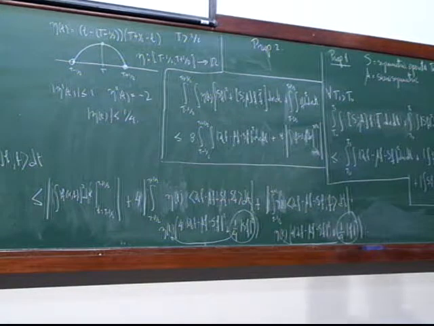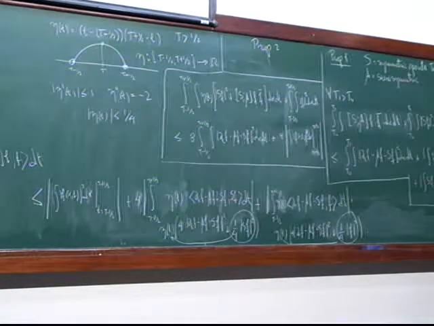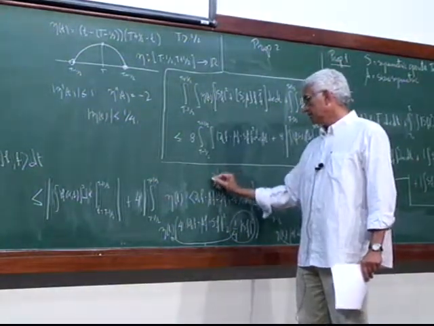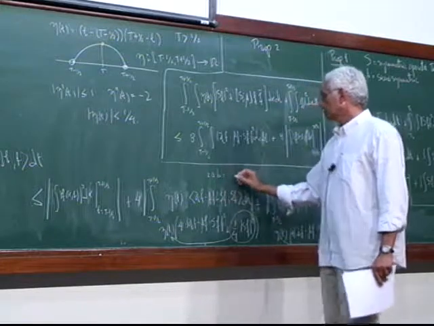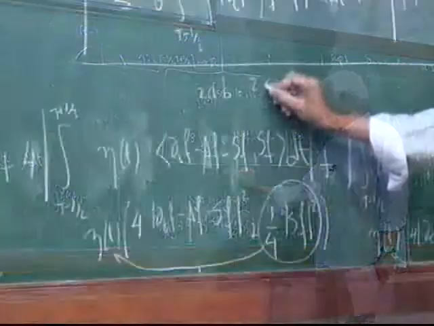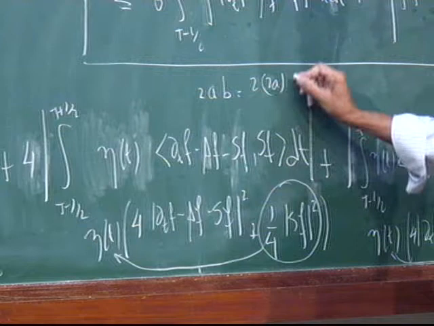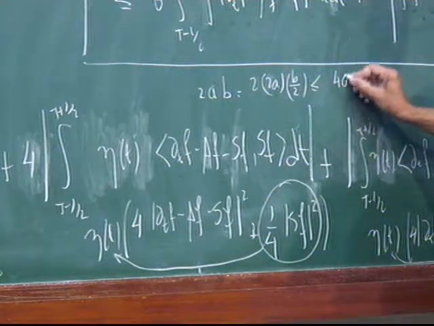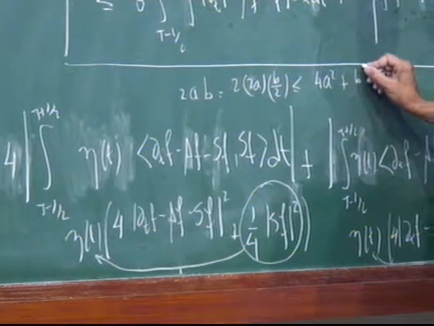Is this okay, the proof? The only thing that you are doing is multiplying: 2ab is equal to 2a times b over 2, and then you do the square. This is 4a squared plus b squared over 4.